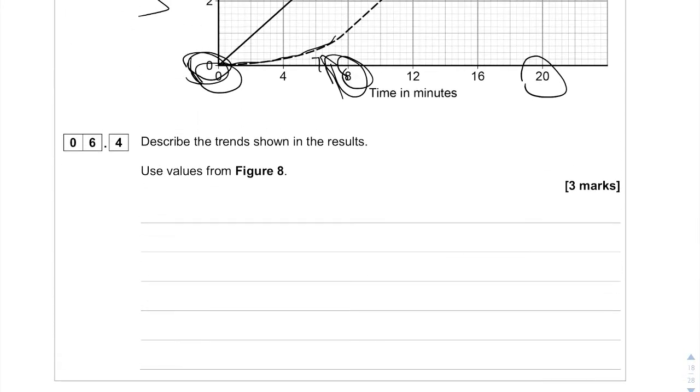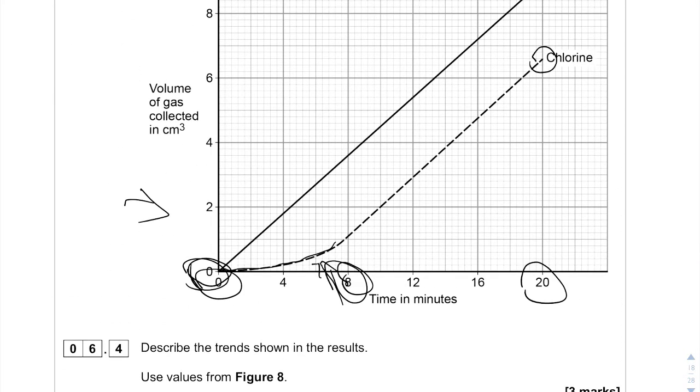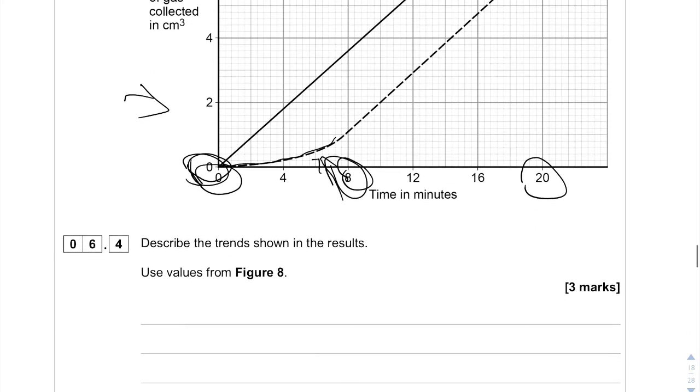So first mark for linear hydrogen overall, second mark is between 0 and 8 minutes for chlorine, and third mark is between 8 and 20 for chlorine.